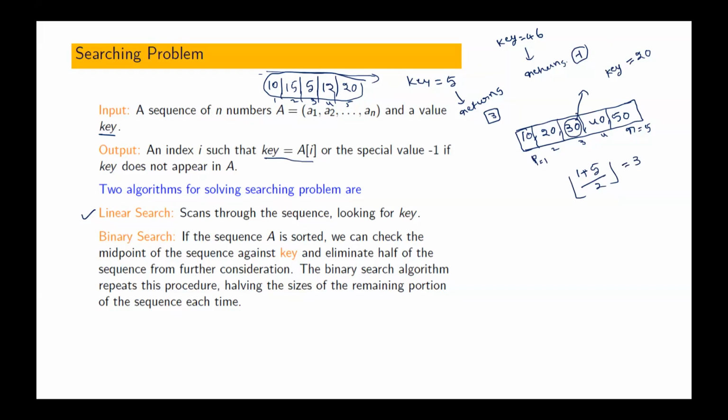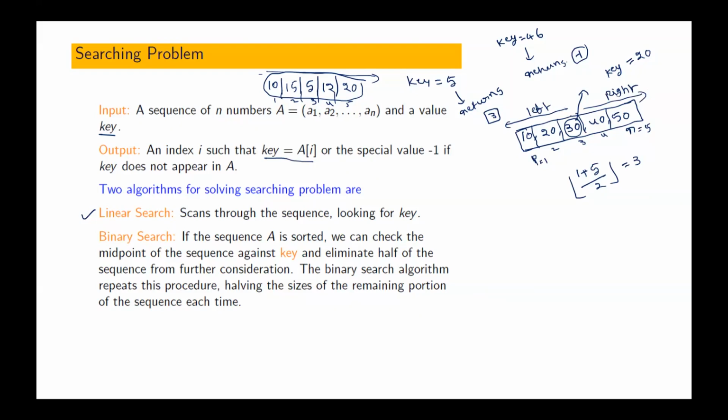Are they both equal? No. Because the elements are in sorted order, is it necessary to search for key 20 on the right side? No, there is no need to search on the right side.